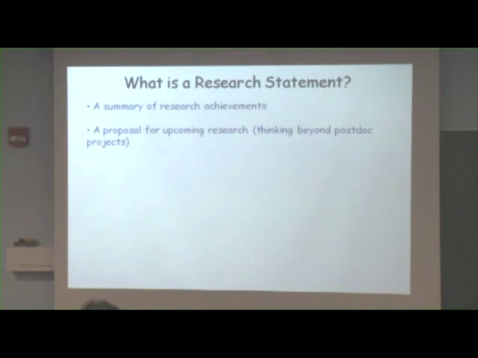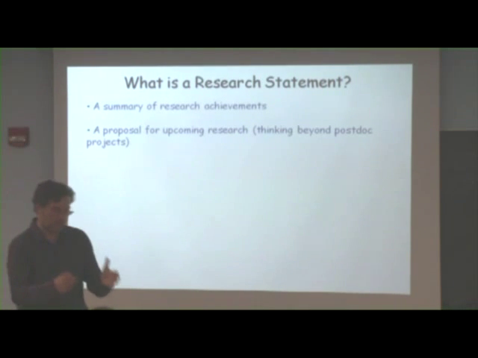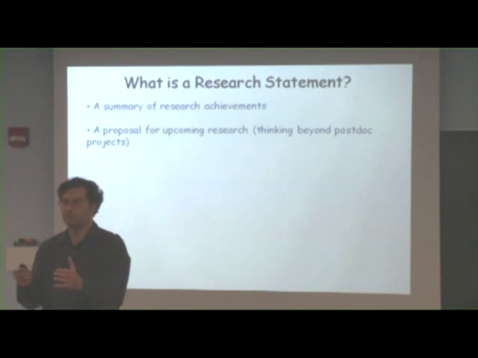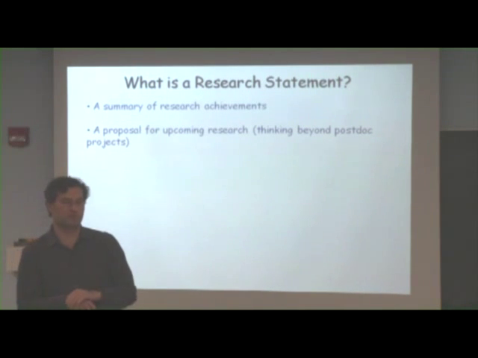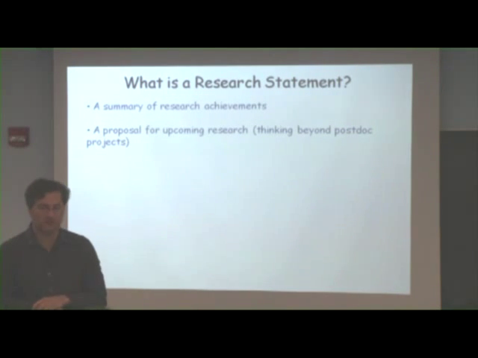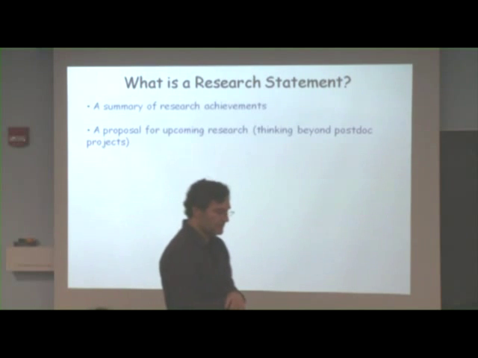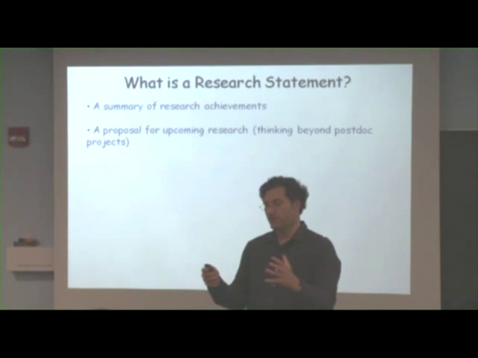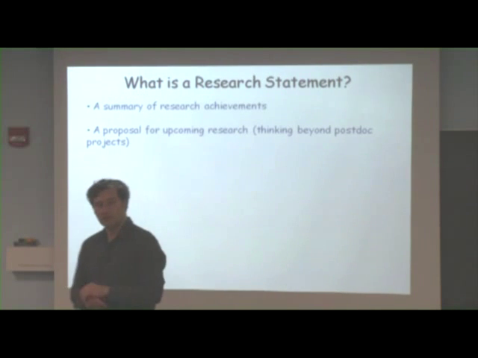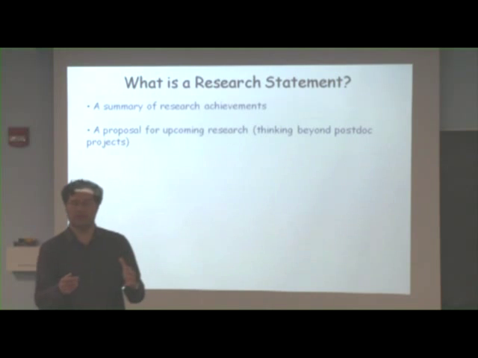So it's a proposal for upcoming research, and this is very critical, right? Because if you're a postdoc, you have to think about going beyond what you've been doing as a postdoc, because one of the important things is essentially you will be applying for, let's say, an academic position, most of you. Okay, some of you will go into industry and this might change a little bit, but if you're applying to become an academic, then the search committee wants to find out exactly what you think your research will be about in the future.